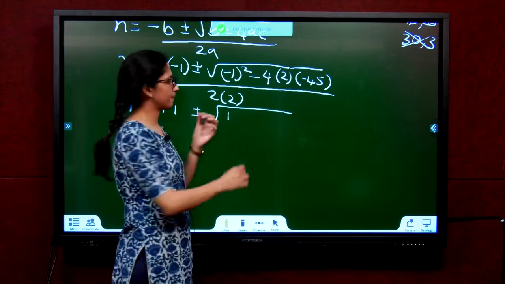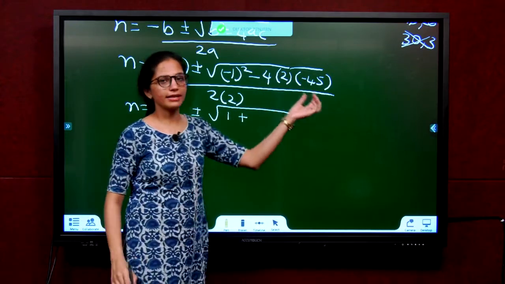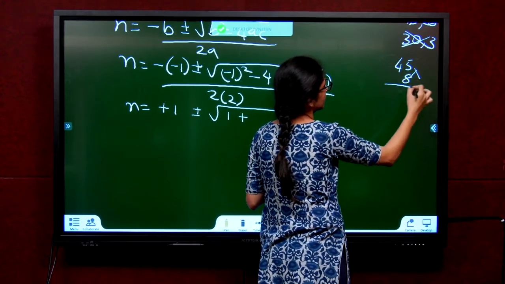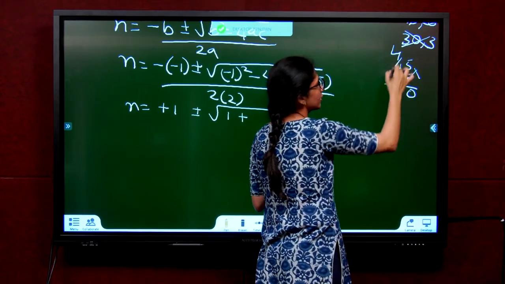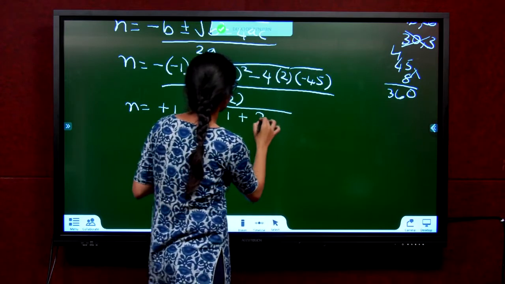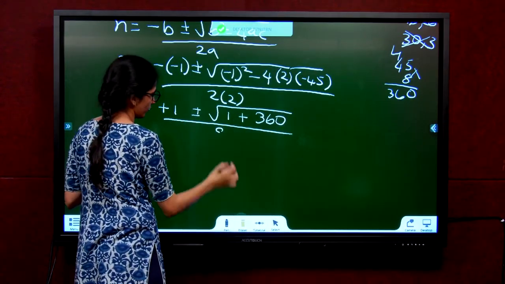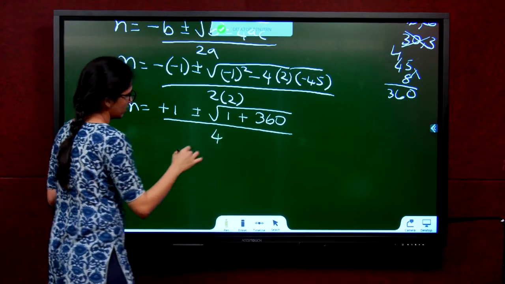Minus into minus is plus. 4 2s are 8, 8 into 45. Take your 45 and multiply it with 8. 8 4s are 32, 36, 360. Divided by 4. Correct?